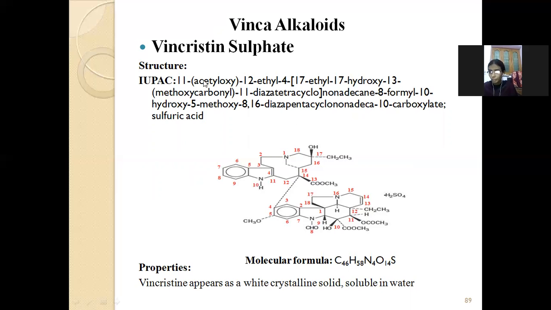In the structure, in the 11th position acetyloxy is present, in the 12th position ethyl, and in the 4th position this group is attached.